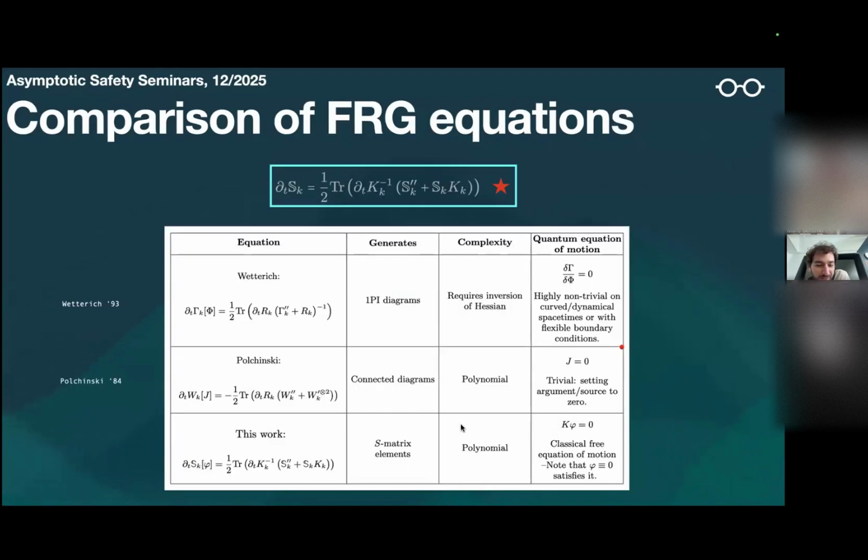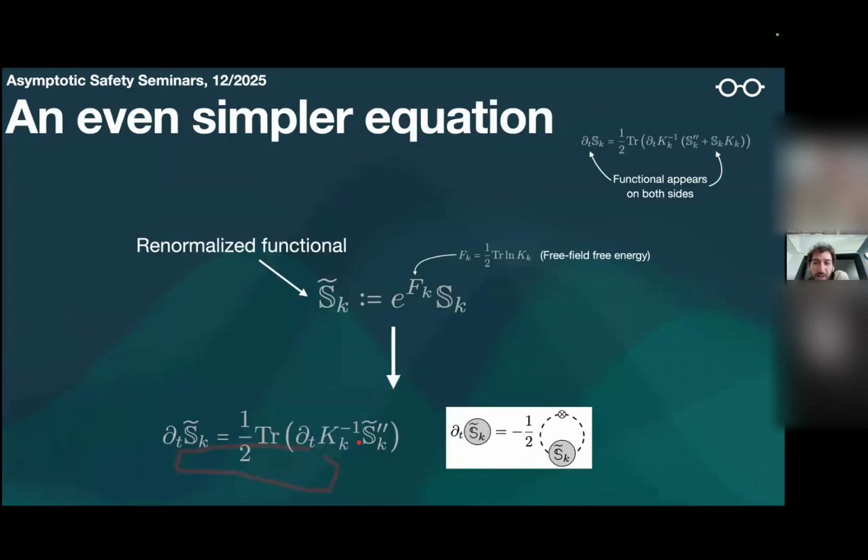So as if this wasn't a simple enough equation, there's a way to make it even simpler. And this is by noticing that here, what I have is the flow of my functional. And on the right-hand side, I also have this extra term that also depends on the functional itself. So this is begging for some sort of exponentiation. And indeed, if I use the right exponentiation, we can basically make this second term disappear.